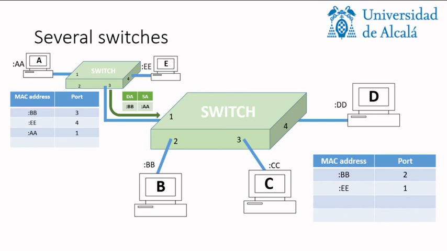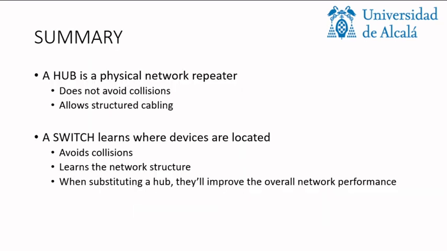So in this case, when this frame arrives to the second switch, the first action is to learn the source address once again. So we learn address A, port 1, and then we check for destination B, which is port 2, and we send it to the host B. So in summary, a hub is like a physical, let's say, network repeater, does not avoid collisions, and the key advantage is that it allows a structured cable, okay?